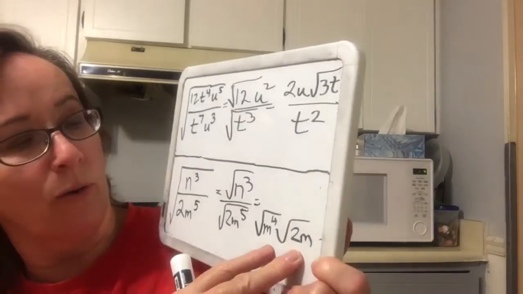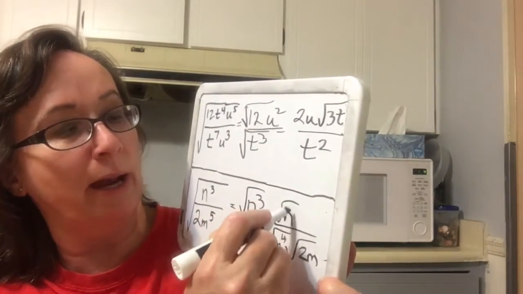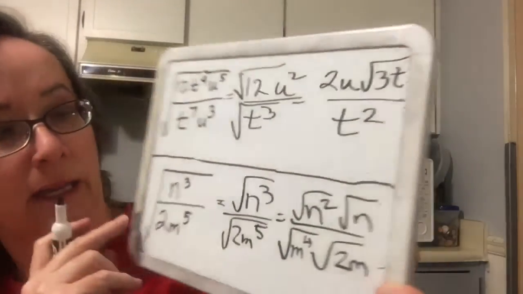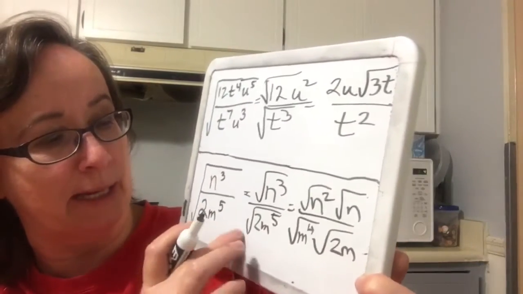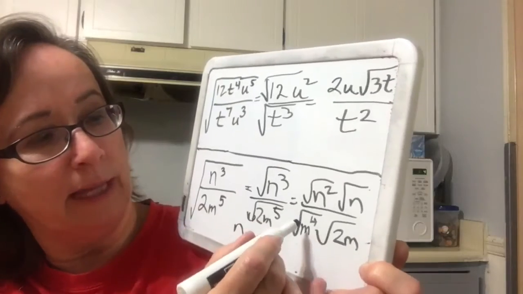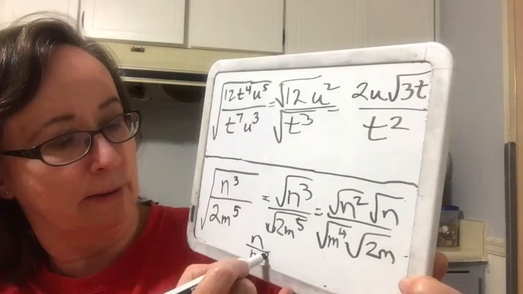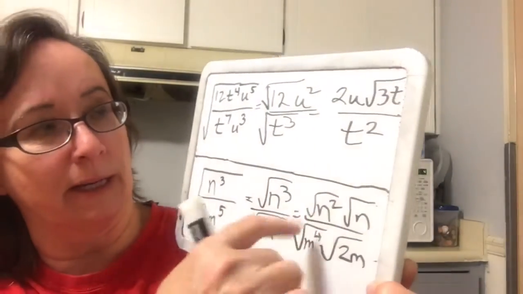Okay, so the numerator can also be split up. Square root of n squared is perfect and square root of n left over. Okay, so now the square root of n squared becomes an n. And the square root of m to the 4th becomes an m squared. And then I've still got to deal with this right here.